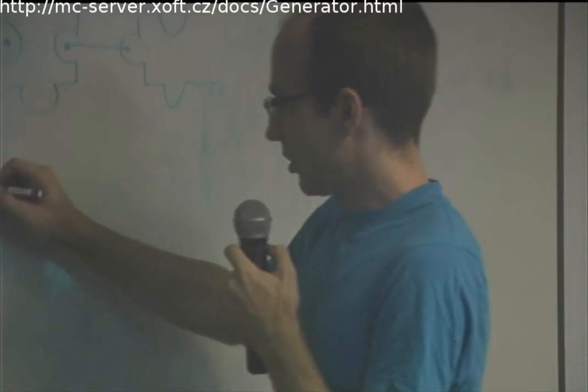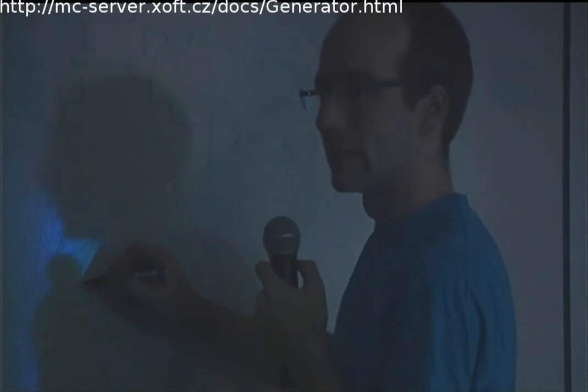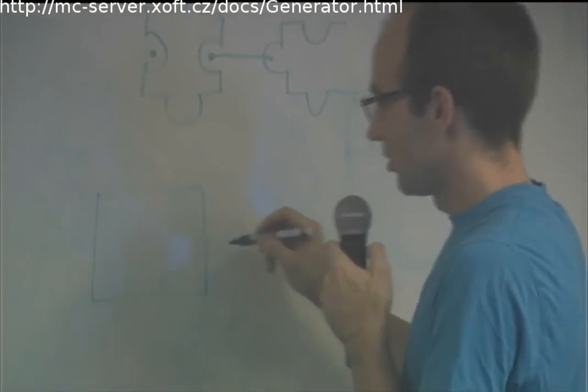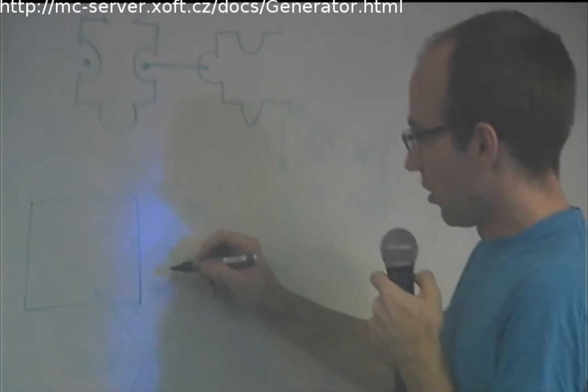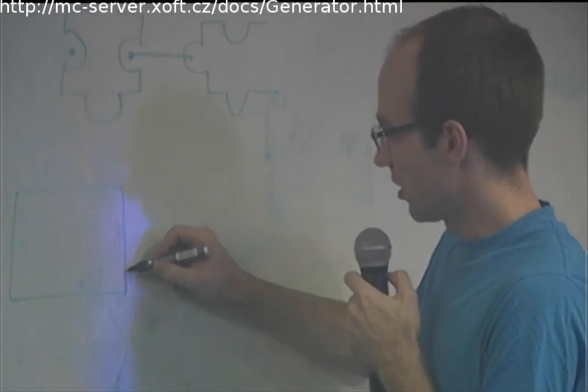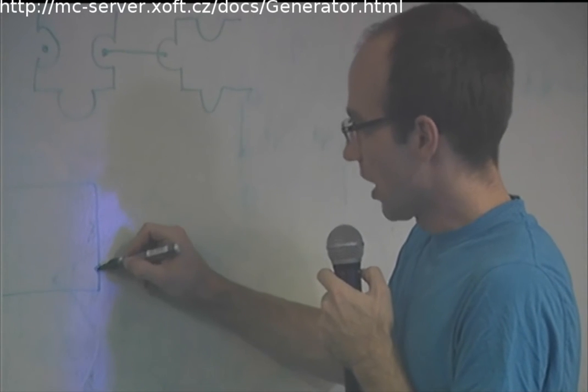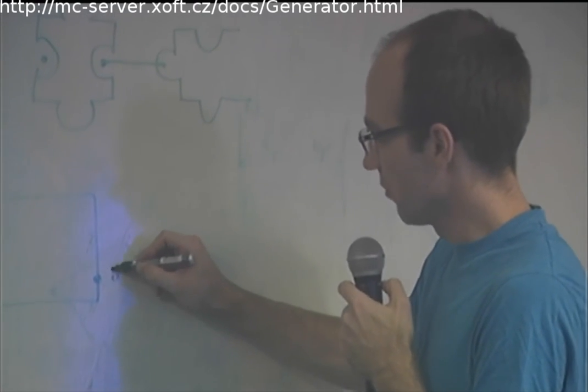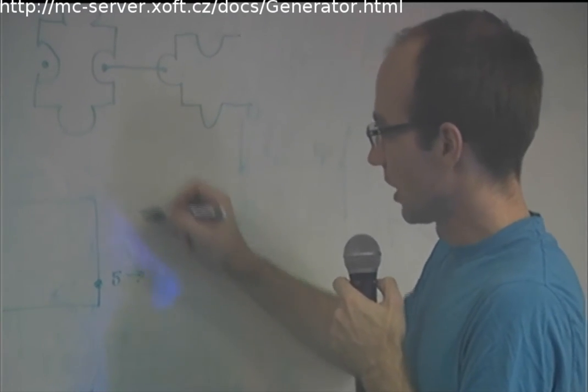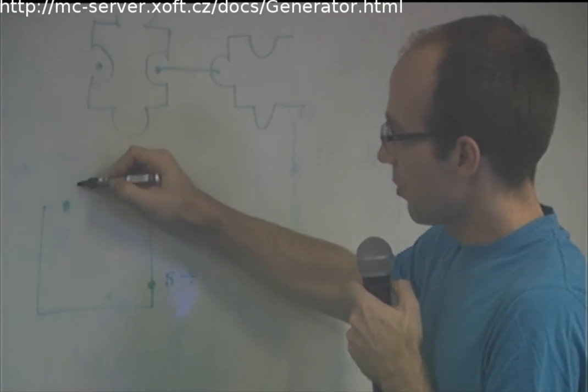Each structure is basically a box, and on the box edges there are points that say, okay, I'm connector number 5 going that way. I'm connector number 3 going that way.